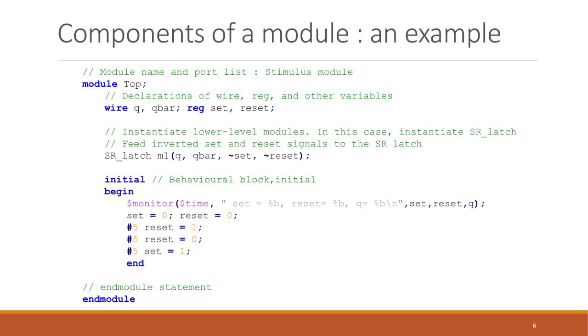Another thing you can notice here in the monitor task's arguments is that we are giving $time as well as an argument. So with this, we actually print the simulation time as well, along with the signal values we discussed earlier.